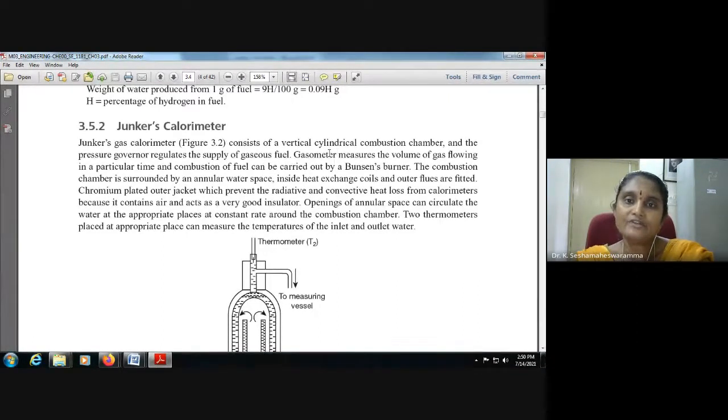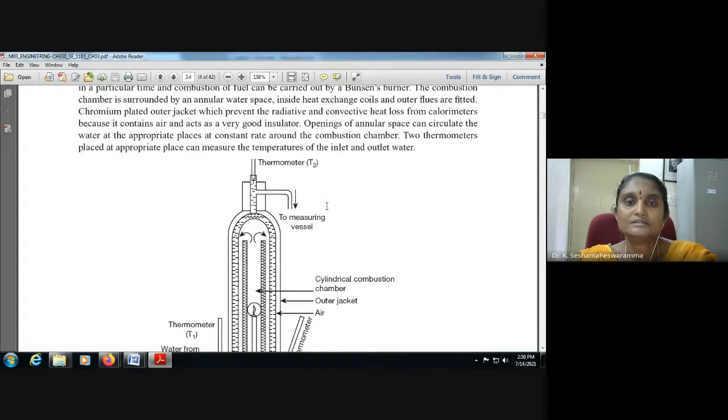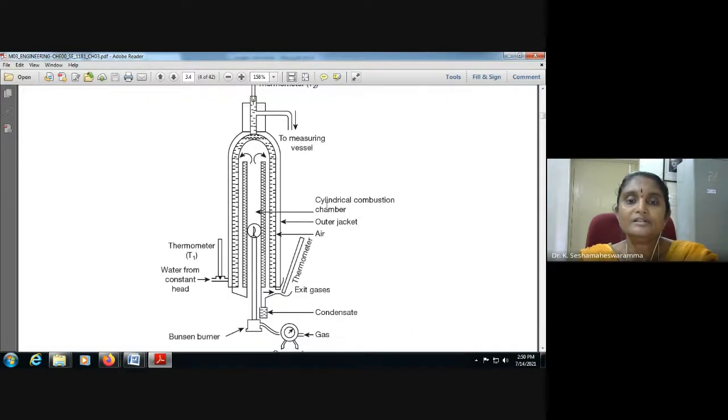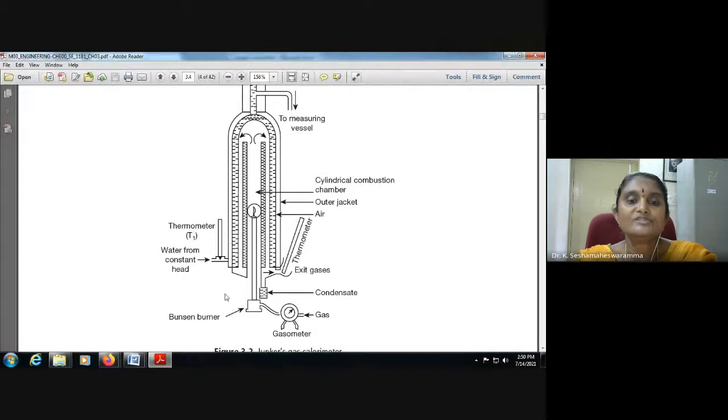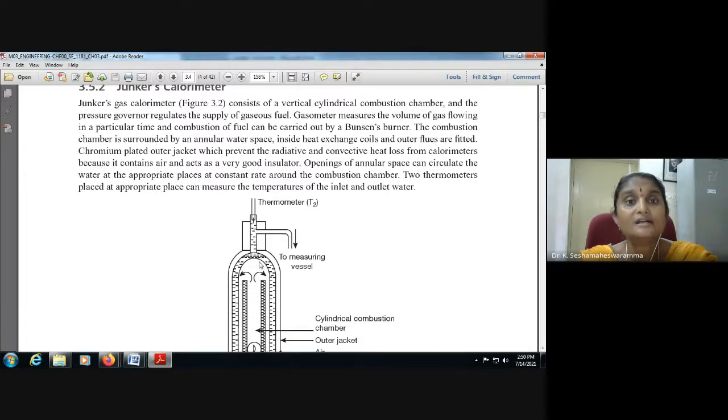It consists of a vertical cylindrical combustion chamber and a pressure governor regulator. The pressure governor regulates the supply of gaseous fuel. Here is the thermometer, then the Bunsen burner, and here the pressure governor is there to regulate the supply of gaseous fuel.